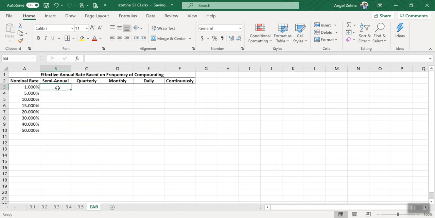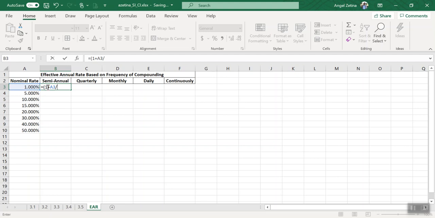Now remember that the annual effective rate formula is given by 1 plus the nominal interest rate divided by its frequency, to the power of the frequency, minus 1. So that's what we're going to try to enter here. So equals, open parenthesis, 1 plus, we select the nominal interest rate divided by the frequency of conversion.